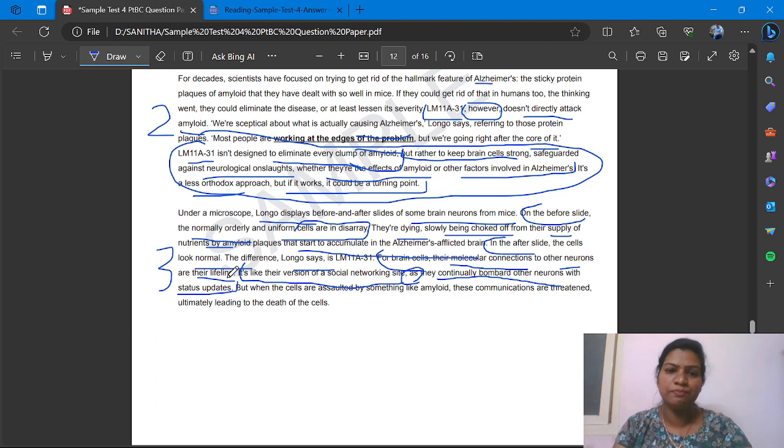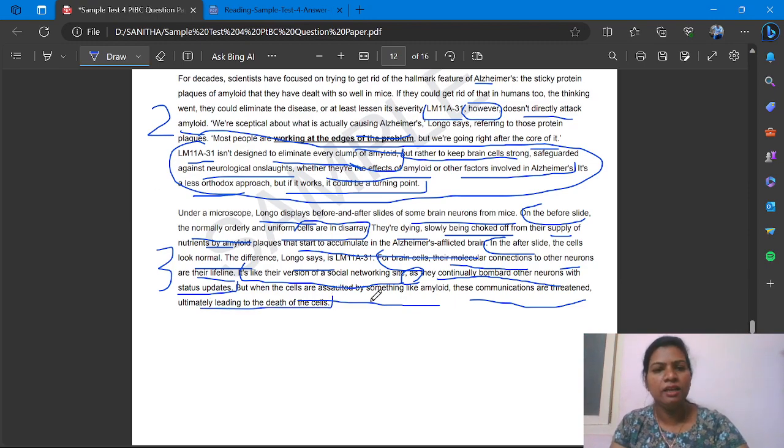Status updates. See, here we are comparing this word with social networking site. But when the cells are assaulted by something like amyloid, these communications are threatened, ultimately leading to the death of the cells. This is the paragraph.